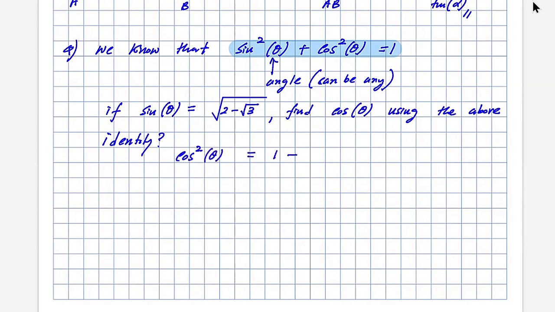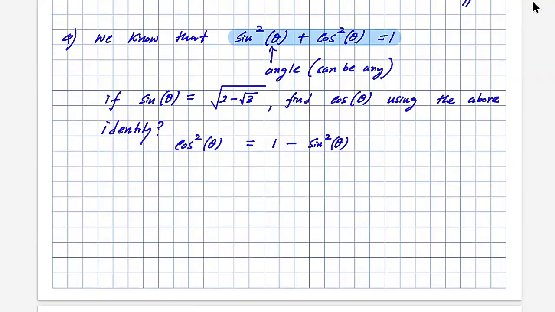That is going to be 1 minus sine squared theta. Now, what you actually need is cos theta. So you are going to take the square root of this, and that becomes the square root of 1 minus sine squared theta. Agree? You okay with that construction?